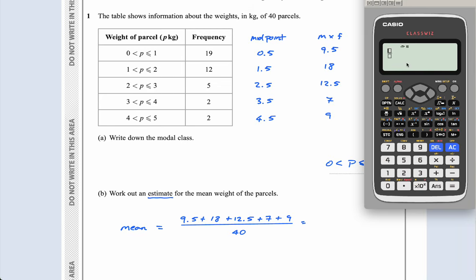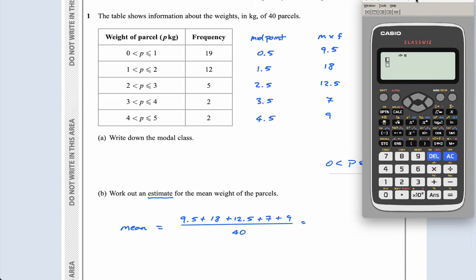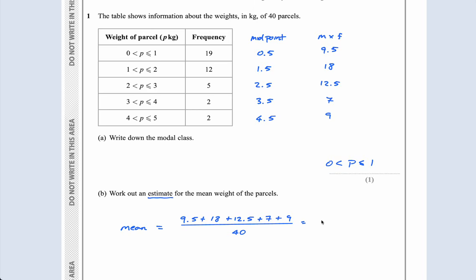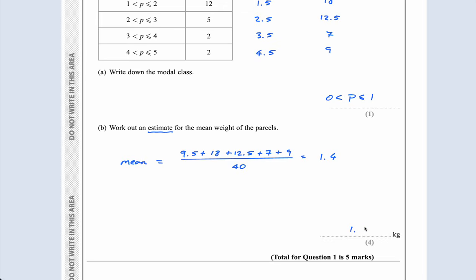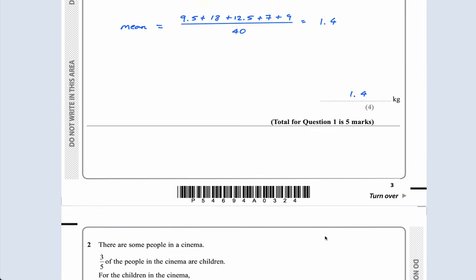By the way, this calculator is probably the best calculator for the IGCSE, so if you don't have one, get one. 9.5 plus 18 plus 12.5 plus 7 plus 9 all over 40. Press enter. 7 over 5. Press this button to turn it into a decimal, so 1.4. And they have a nice little box for you to write it, and they even give you kilograms, and that's worth 4 marks, so not a bad 4 marks.